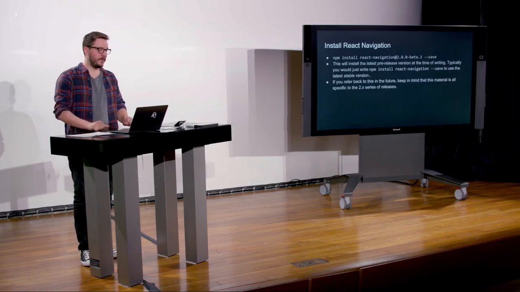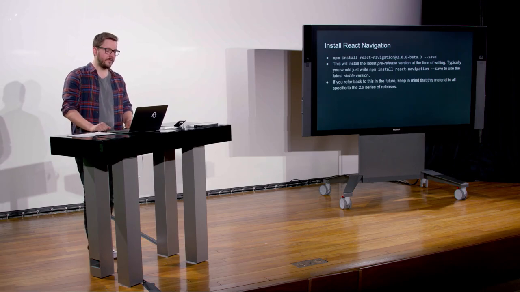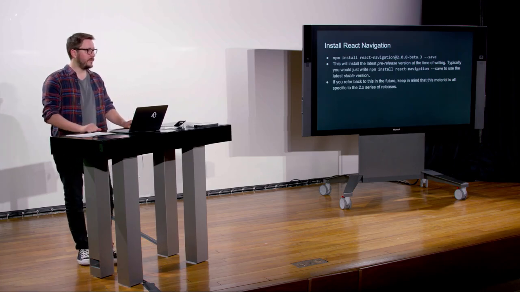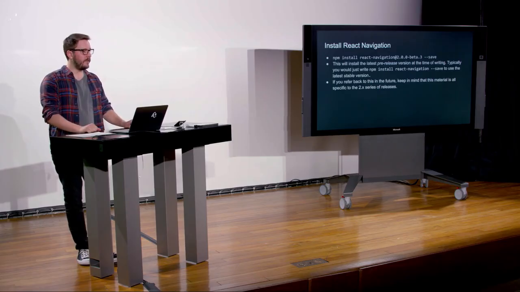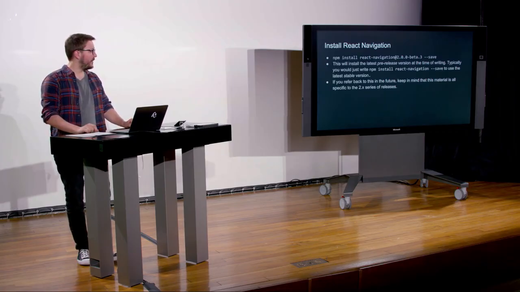So the first thing we're going to do here is install React Navigation. As you saw last lecture, npm install, library name, --save, depending on the version of npm that you're using. In newer versions, that's not necessary. One thing that's a little bit different here is that we've specified a version number explicitly. Typically, if you install with just the React Navigation package, it will get the latest stable version.